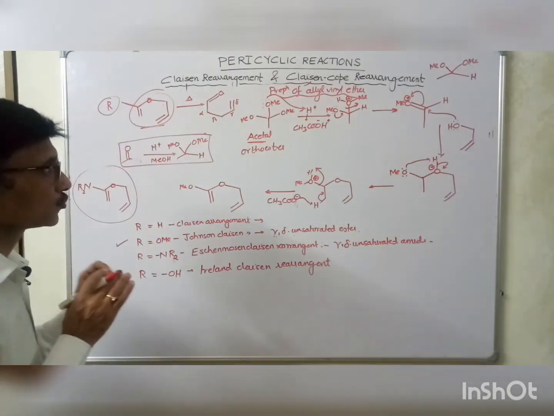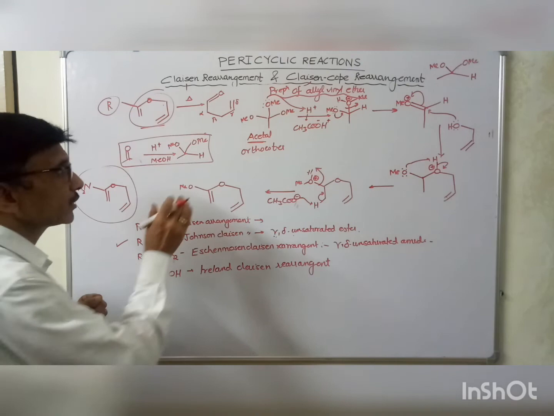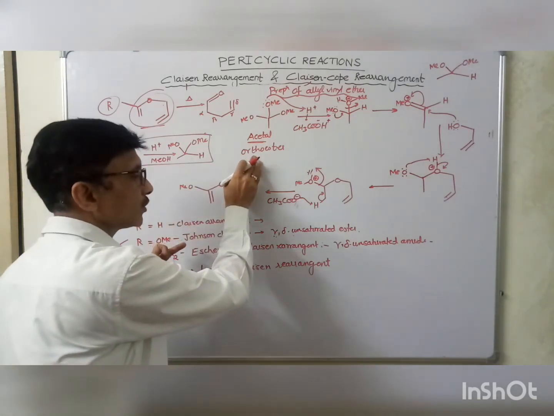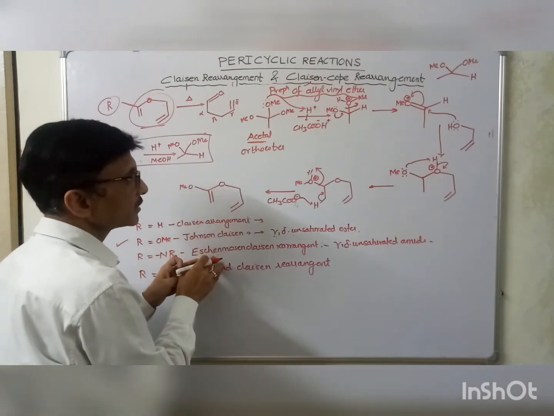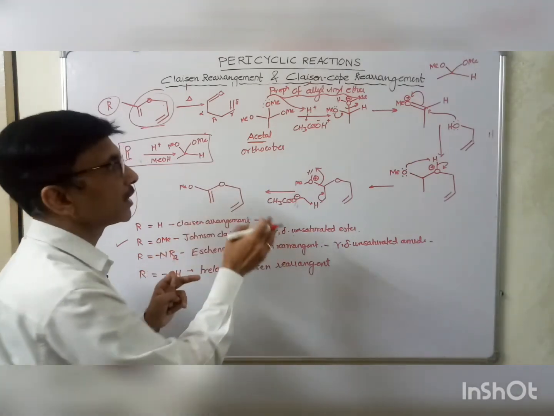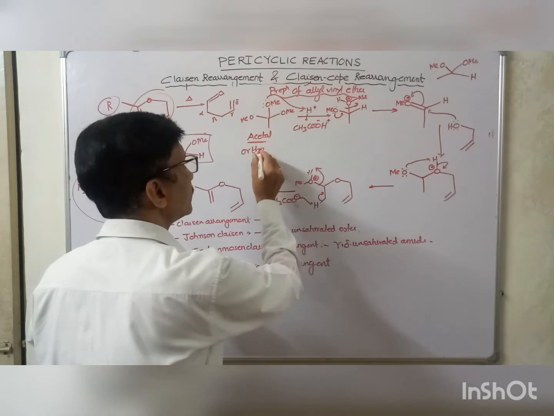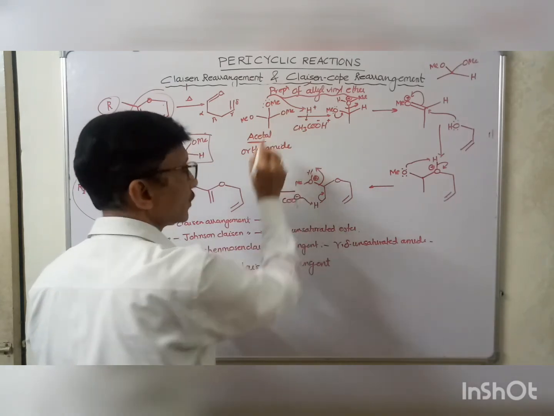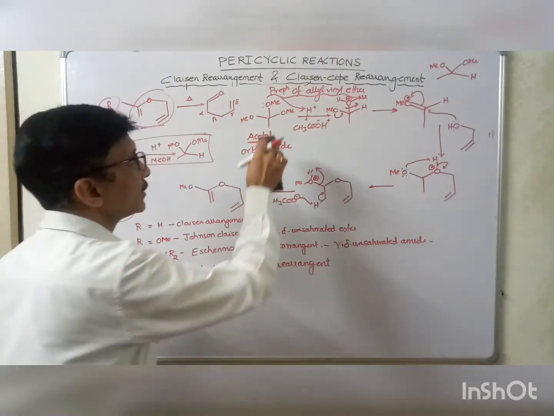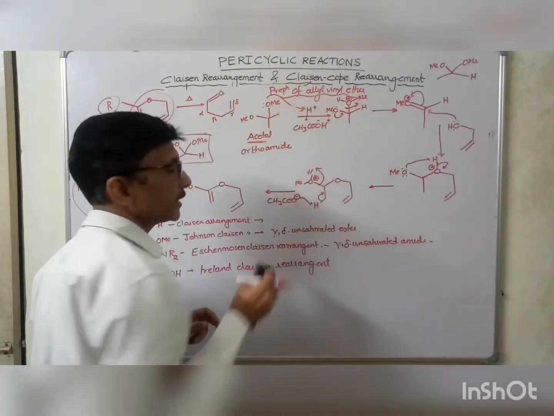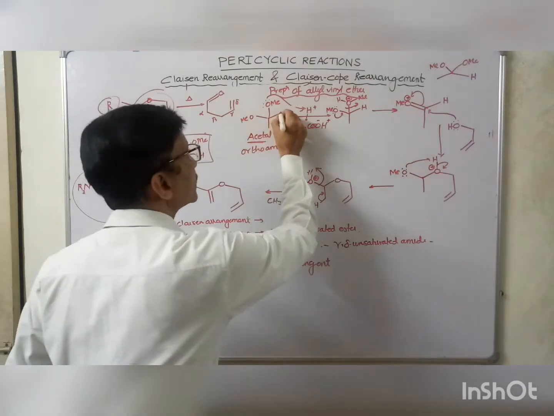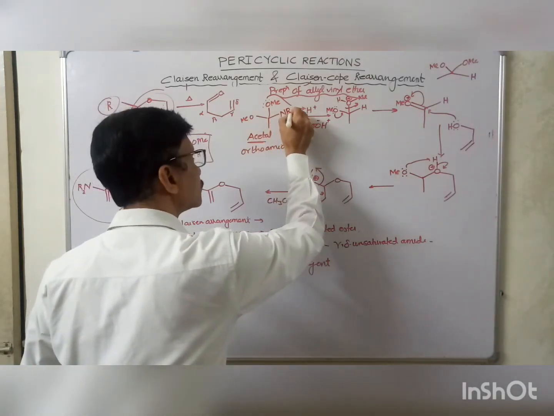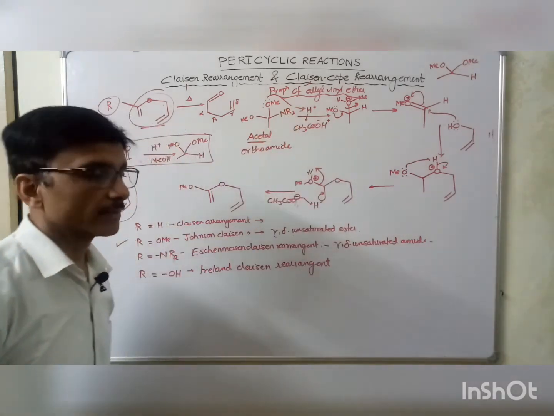So for the Johnson-Claisen rearrangement we take orthoester, and for the Eschenmoser-Claisen rearrangement we should take the orthoamide. So in place of orthoester we take orthoamide, with NR2. So this is the orthoamide.